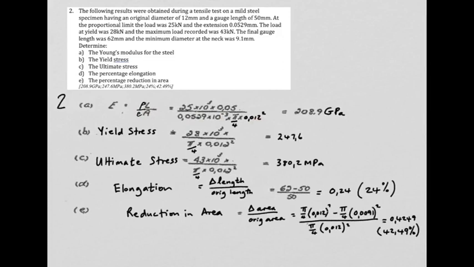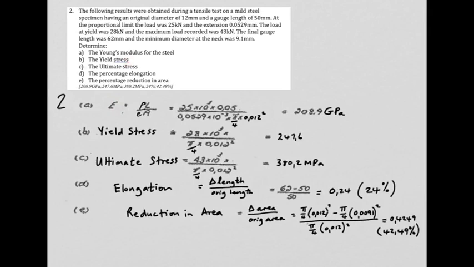We can use pi upon 4 times 0.012 squared as the area. And we solve for Young's modulus, and we come out with a value that looks reasonable for steel, just over 200 gigapascals. And that looks like a good value for Young's modulus.